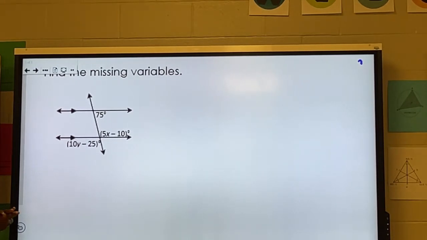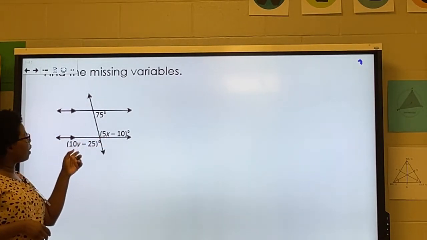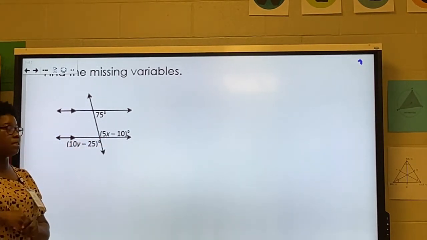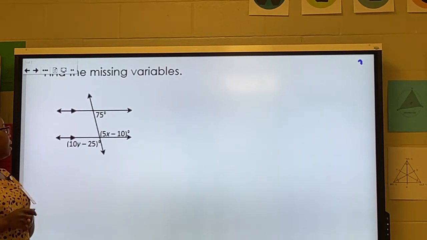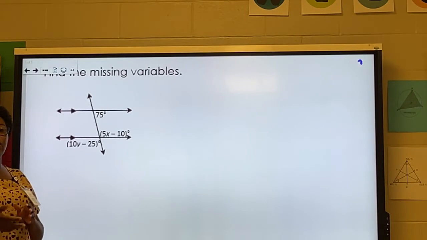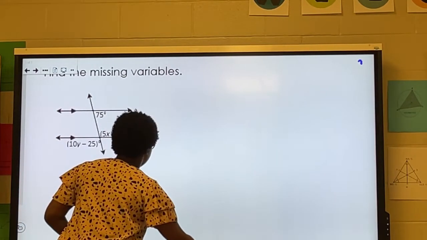So here we have 75, 5x minus 10, and 10y minus 25 degrees. First you need to examine the diagram you're given, then look to see which relationship is evident or you can identify.